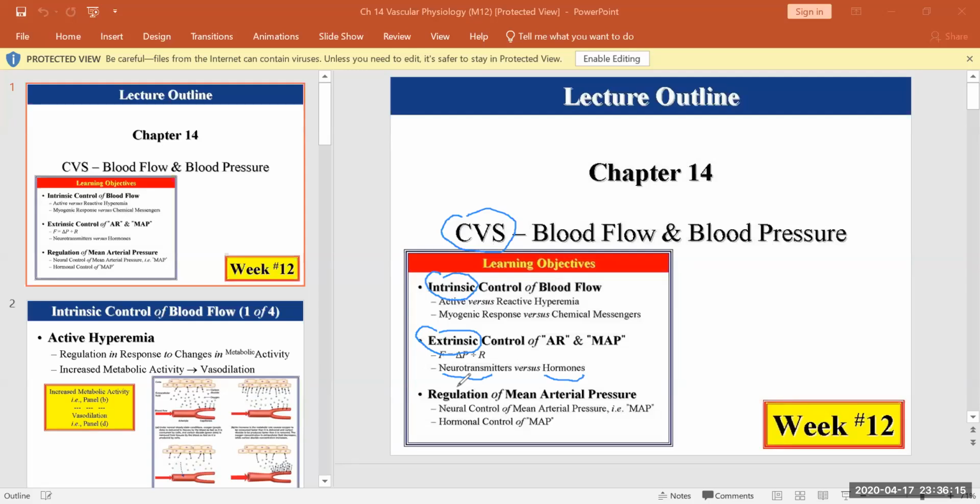Again, I'm not going to tell you right off the bat what this MAP does, but toward the end of the lecture, if you can appreciate it, it would be great. This MAP is highly regulated by the nervous system and by the endocrine system. So those are the three main learning objectives for the lecture on chapter 14.